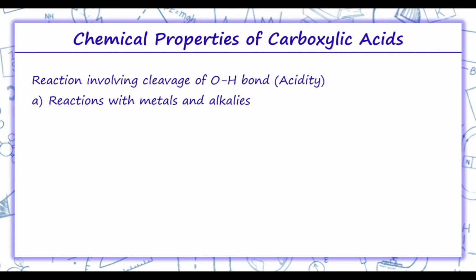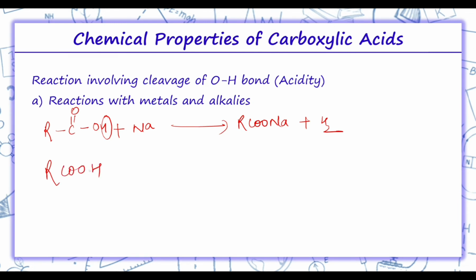Now moving on to the chemical properties of carboxylic acids. The first chemical property is reactions involving cleavage of the OH bond. When there is a cleavage of the OH bond, it indicates acidity. Thus carboxylic acid reacts with metals and alkalis. Carboxylic acid reacts with metal, hydrogen is liberated and we get RCOONa plus H2.